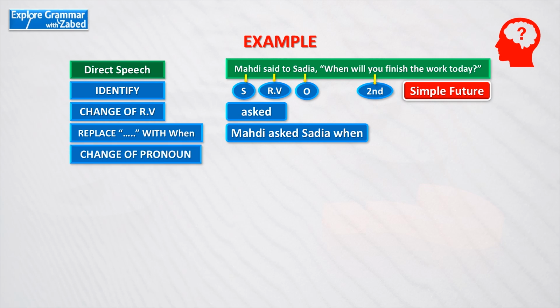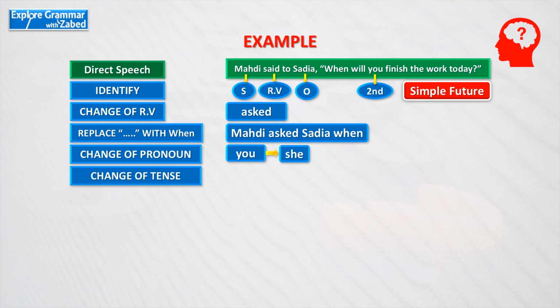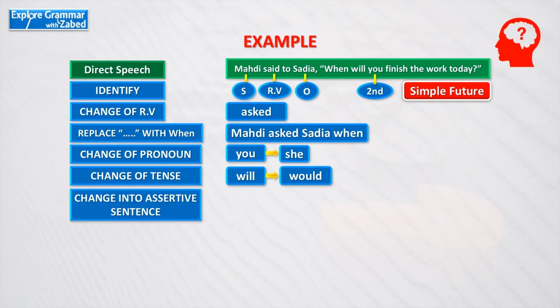Step 4 is the change of pronoun. Here, you is the second person pronoun and the object is Sadia. So, you will be converted to she. Step 5 is the change of tense. Here, the reported speech is in simple future. So, will gets converted to would. Step 6 is to convert the sentence into an assertive sentence or statement.